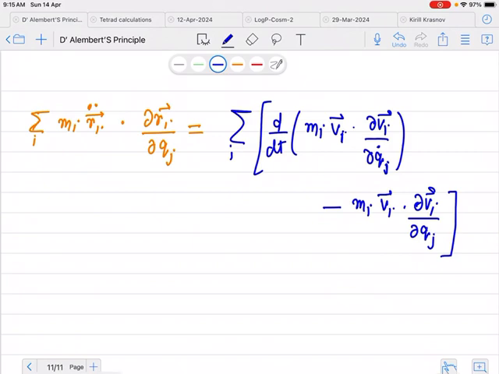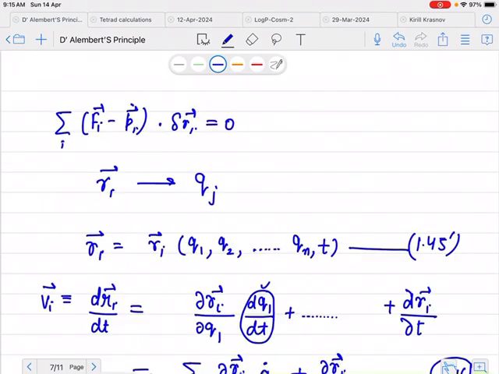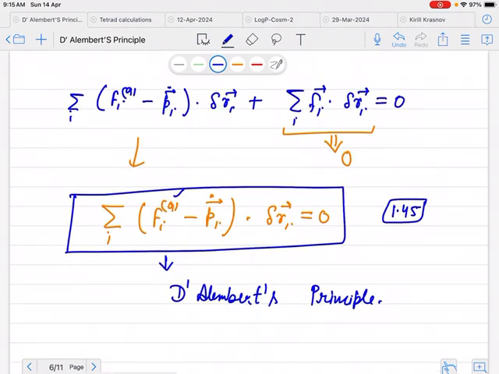So the second term in equation 1.45 we can expand in terms of the energy.